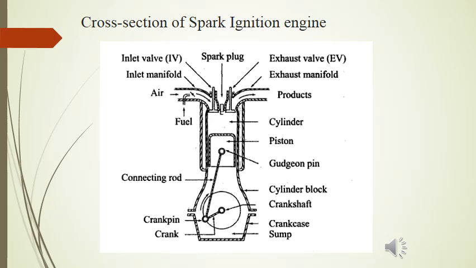Cylinder block houses all the cylinders of an engine, whereas the crankshaft lies in the crankcase. Because it houses the crankshaft, it is known as crankcase. But it also houses several other auxiliary devices like lubricating oil pump, water timing gears, and many more auxiliary devices.